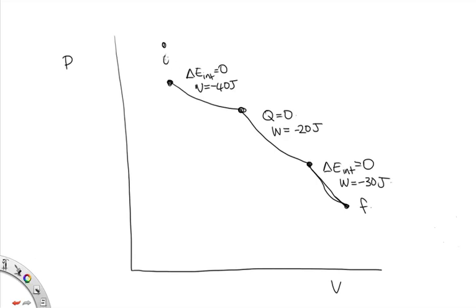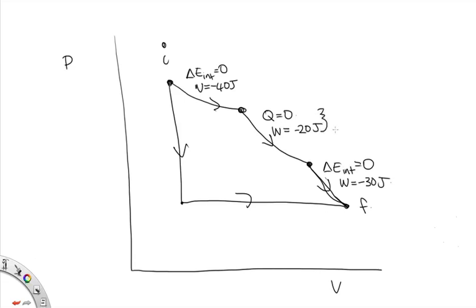Path 2 consists of a pressure reduction at constant volume and then a volume increase at constant pressure. So this is path 2, and here's our path 1. And we're asked to find the change in internal energy. Well, since the change in internal energy doesn't matter if we use path 1 or path 2, let's use path 1. We've got the internal energy for this step and for this final step here.